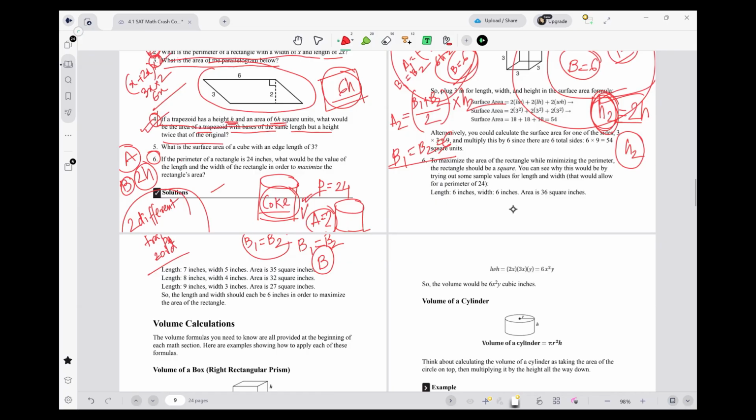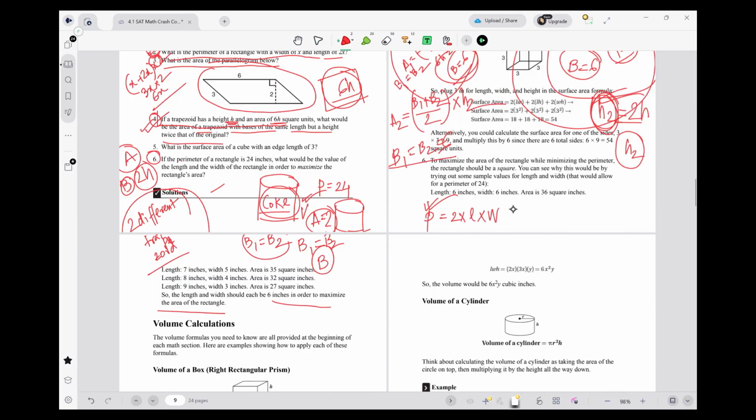Okay. But they're telling you the length and width should be each 6 inches in order to maximize the area of the rectangle. If the perimeter of a rectangle is 24 inches, what would be the value of the length and the width of the rectangle in order to maximize the rectangle's area? Because they are giving you the perimeter. The perimeter equals 2 multiplied by L plus W, okay?